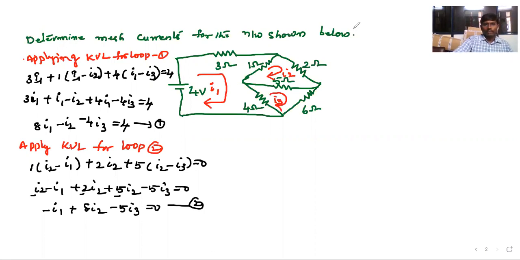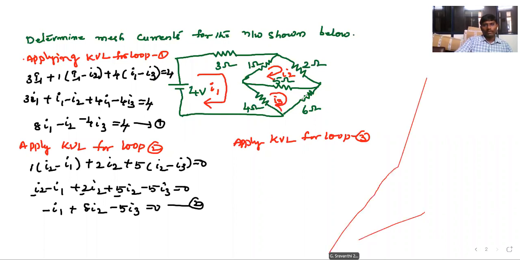Okay? So now you come to the third loop. Apply KVL for loop 3. What are the elements present in loop 3? 6, 4, 5.